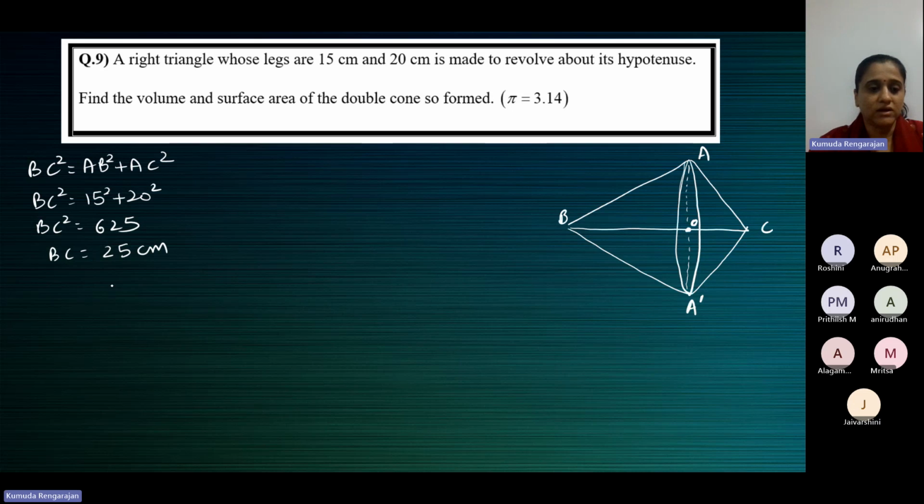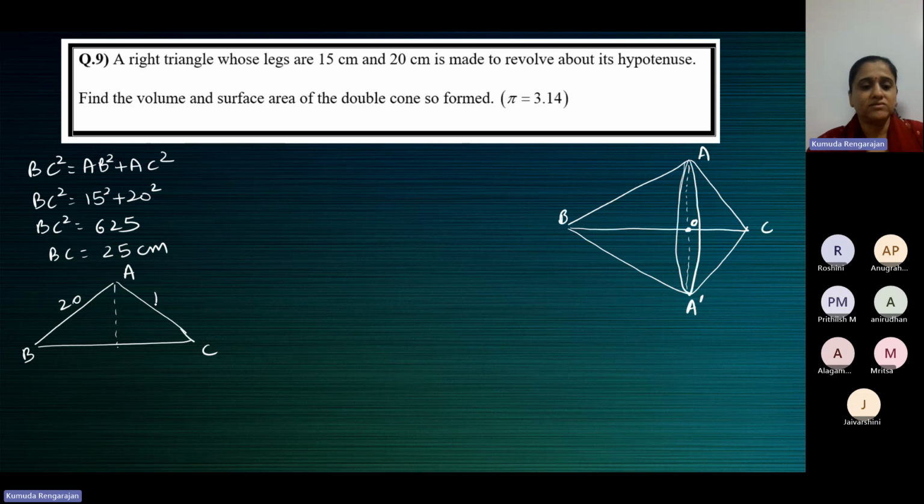Let me not talk and work. A, B, C. I'll take AC as 20 because this looks longer in my figure, AB as 15, and the whole BC is 25. This is the right angle.